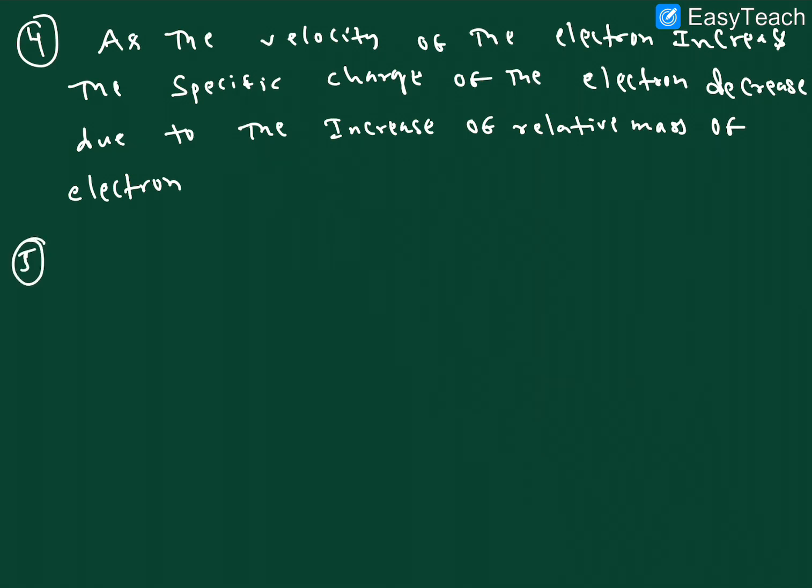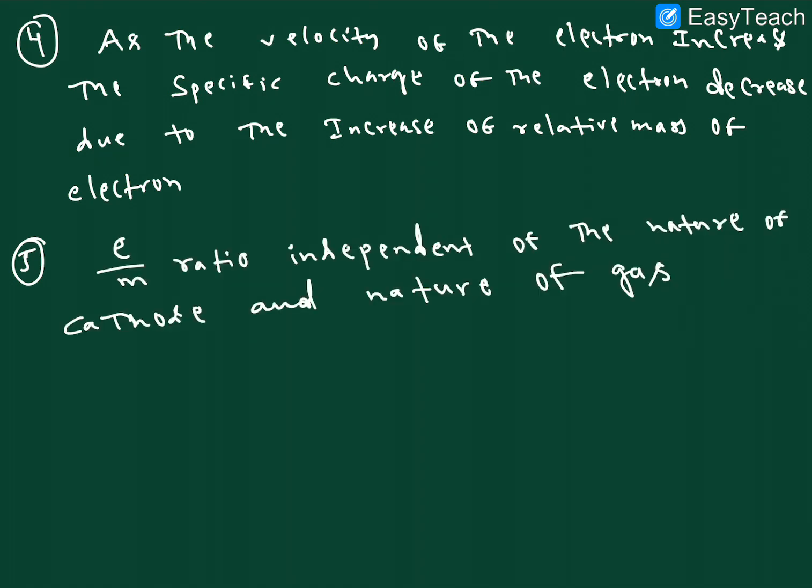Next, the fifth point here: the value of e/m of cathode rays is independent of the nature of the metal, whatever we take as the cathode, and of whatever gas we take in the discharge tube.